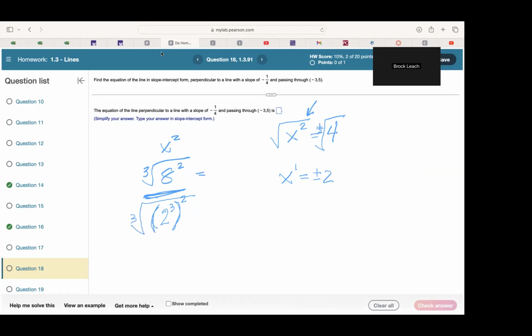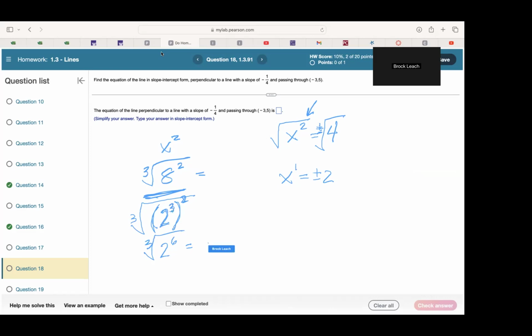So that's 2 to the 3 times 2 to the 6th power. And then there are 2 groups of 3 2s there. In fact, you can see that here. There are 2 groups of 3 2s.